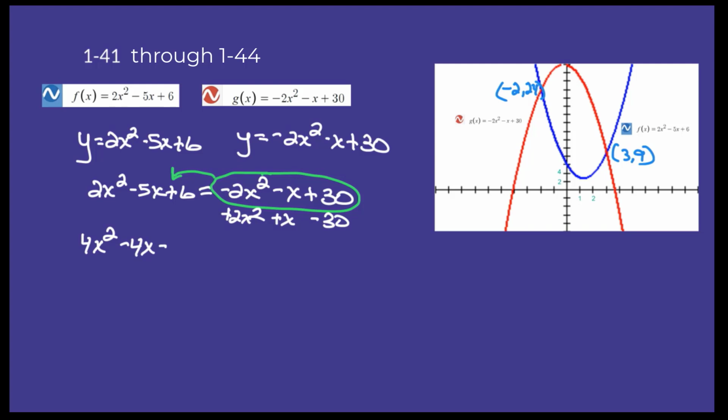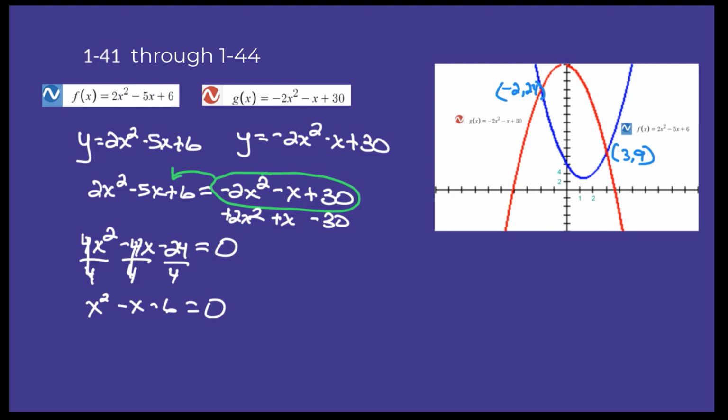So that's going to give me a -24, and then it all equals 0. The nice thing about this that makes the factoring easy on this is we have something common to each term. I can divide out a 4 to make my life easier. So I'm going to divide a 4 from all of these. That changes this to an x squared, and this to a -x, and this to a -6.